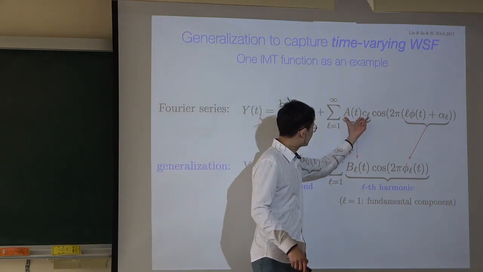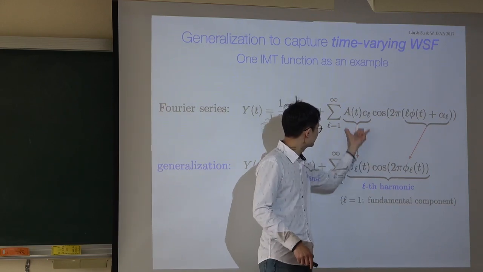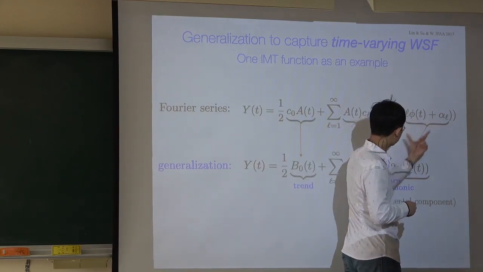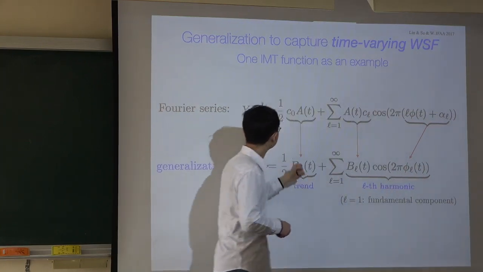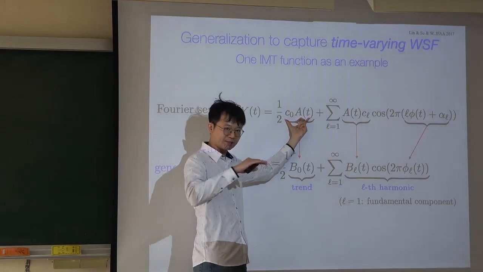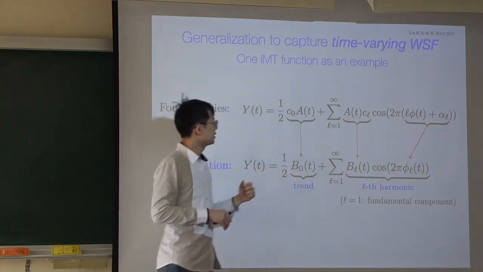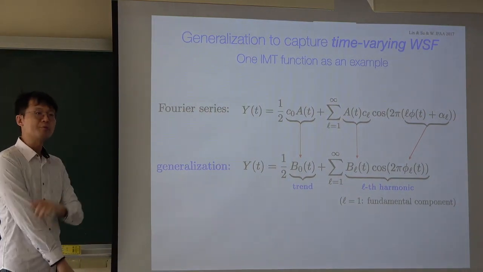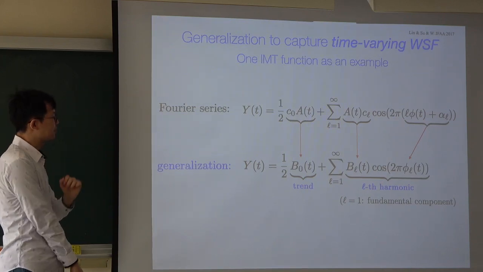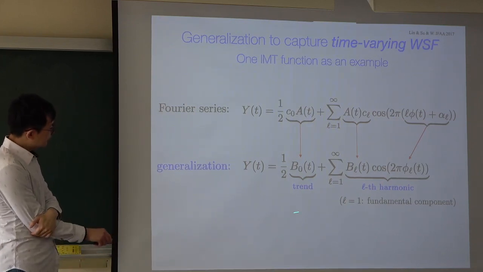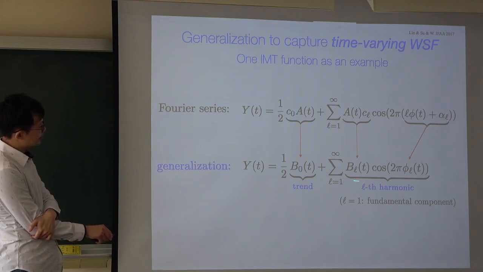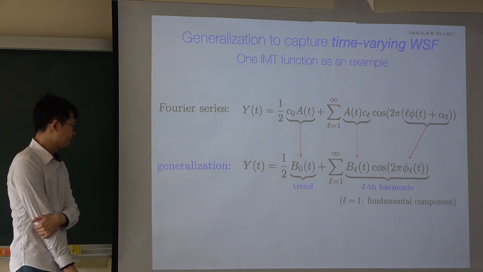That is, we have multiplication, and we ask this one to be BL, and this is the phase function, and now we ask it to be VL, and this is the trend, or the constant trend. We make it another BL. So this is a generalization. And we certainly need some conditions that we will discuss in a bit. But in this formula, we still call this the LO-th harmonic, and when LO is 1, it is called the fundamental component. The same idea.